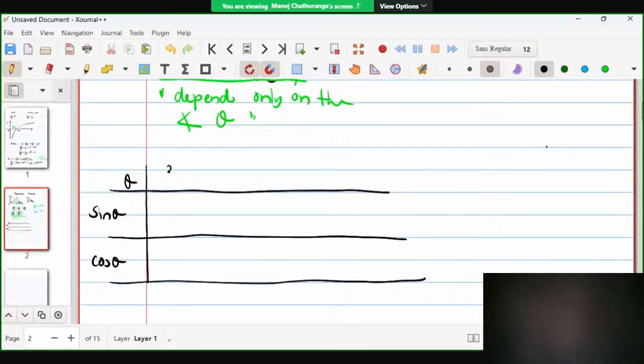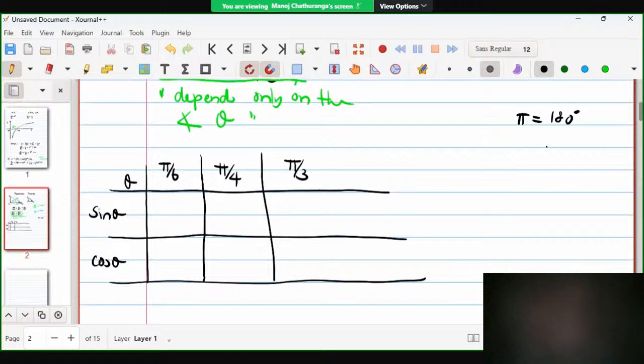The first one is theta. Let me use radians. I suppose all of you are familiar with radians. Radian pi is 180 degrees. So pi by 6 means 30 degrees. Then pi by 4, 45 degrees, then pi by 3, 60 degrees. So these are the simple angles that we can think of.